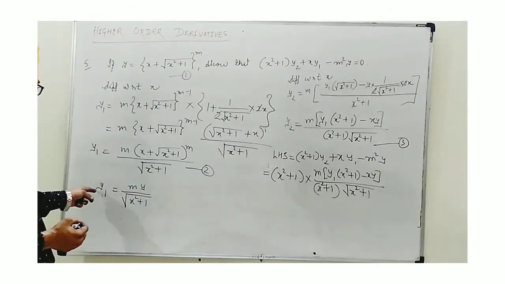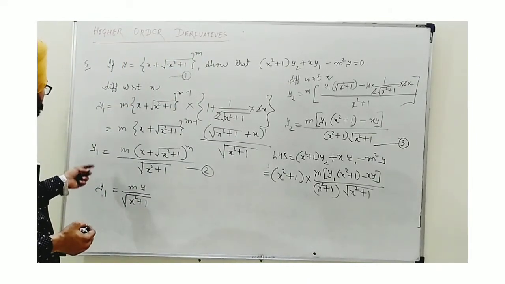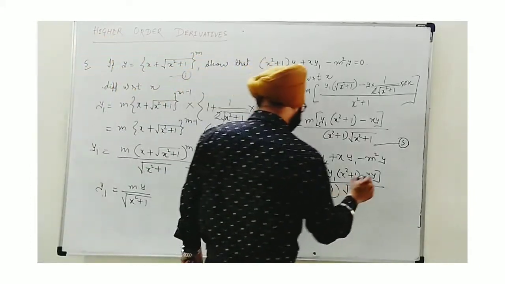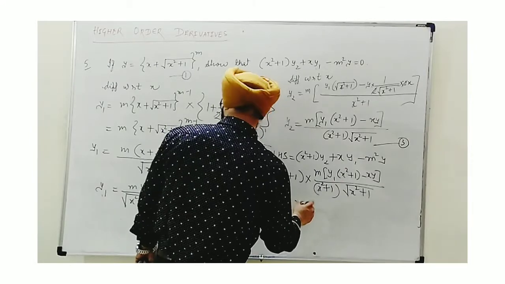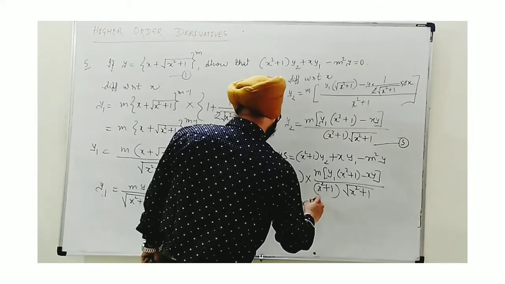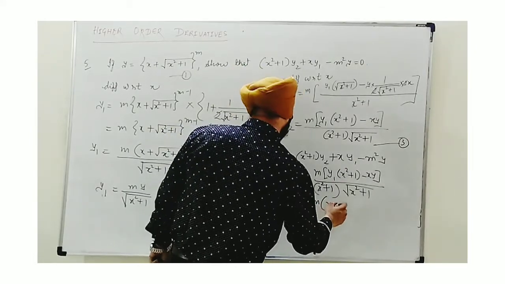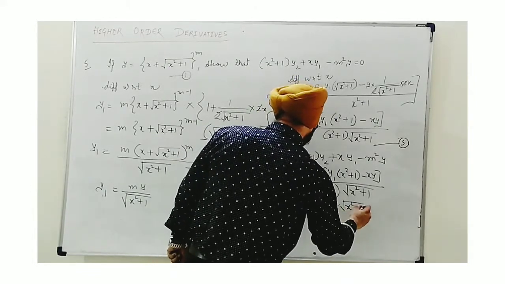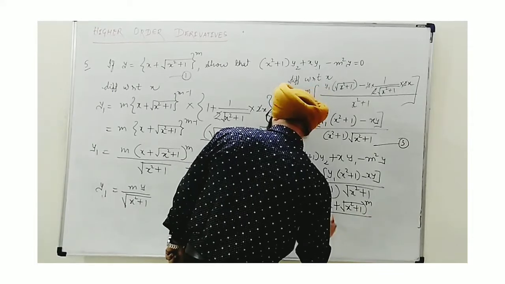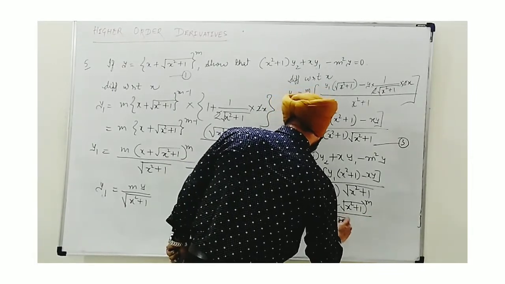Plus xy1 is needed. So here we will put xy1, and we have y1 as m (x + √(x² + 1)) divided by √(x² + 1).